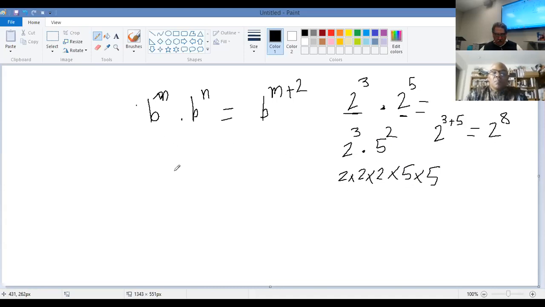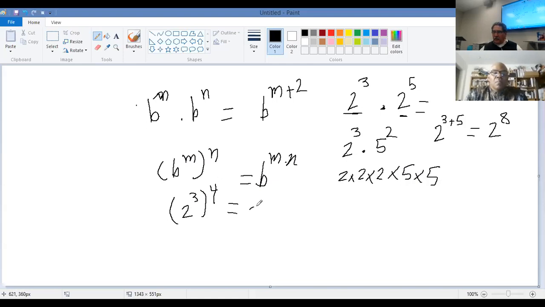Okay? Now here, another rule. If I have b to the power of m and then the whole thing to the power of n, it is the same as b to the power of m times n. If I have 2 to the power of 3, and then the whole thing to the power of 4, it is the same as 2 to the power of 3 times 4, 12.